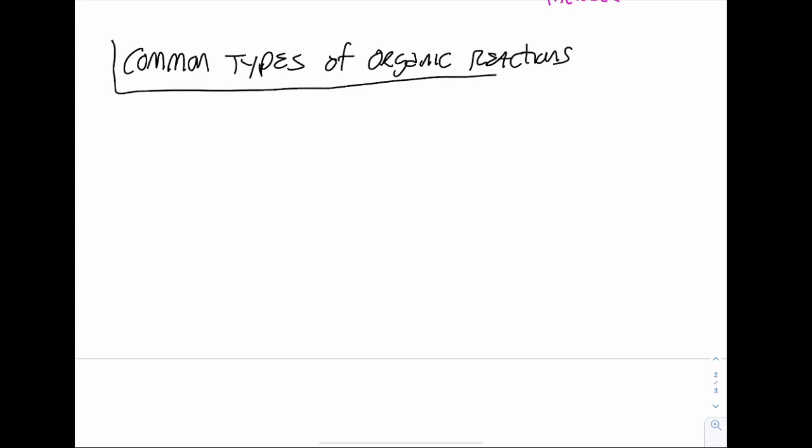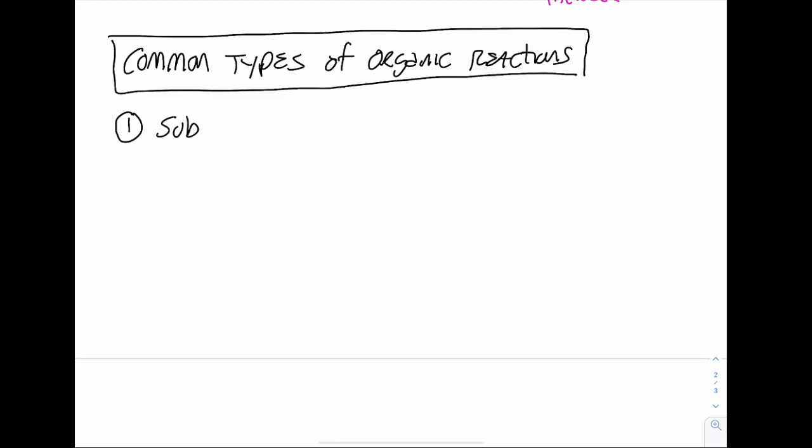These are just the ones that are more common, thus the term common types of organic reactions. And our first one is substitution. And in chapter 7, we're going to do substitution reactions. So substitution. We're going to do substitution reactions in other chapters also, but chapter 7 is entirely on substitution reactions.